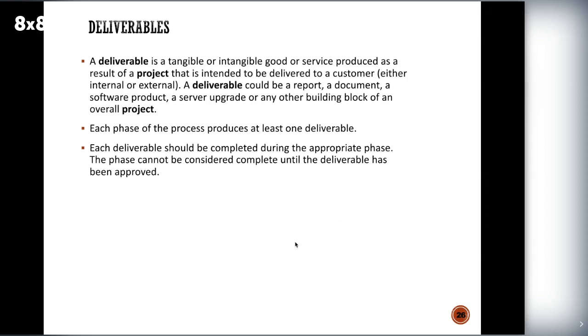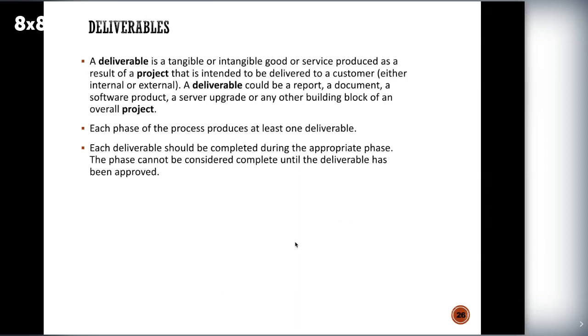A deliverable could be a report, a document, a software product, a mobile application product, an iOS application product, an Android hybrid or native application, a server upgrade, or any other building block of an overall project.